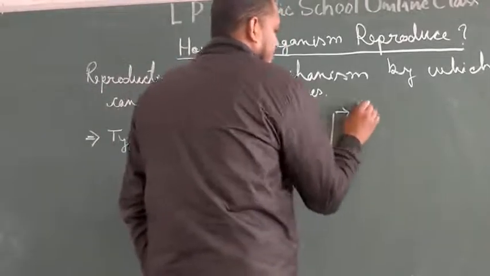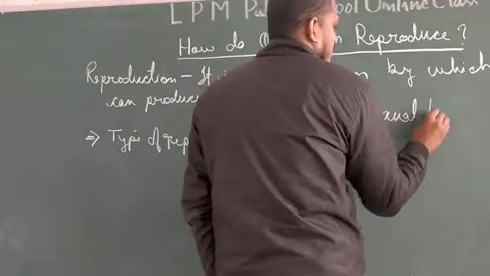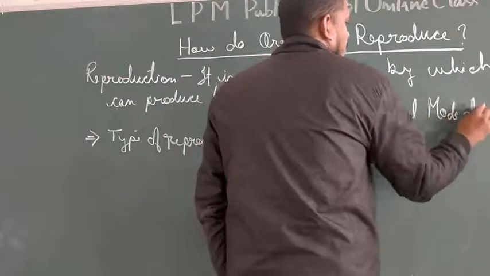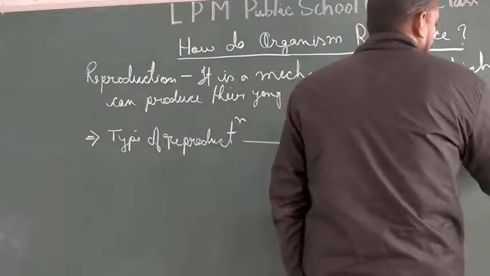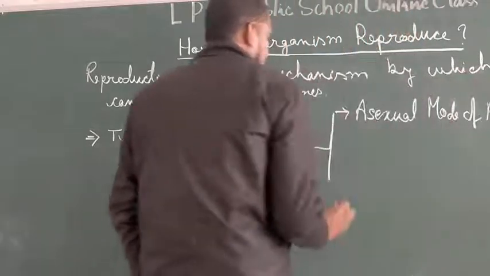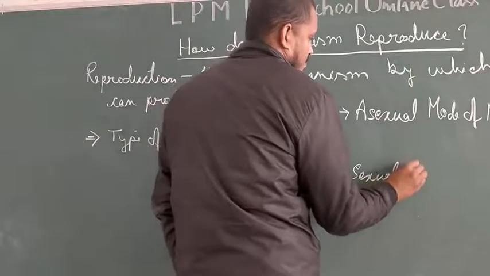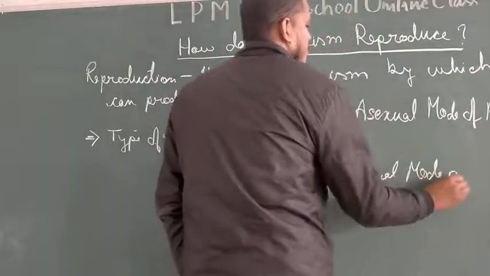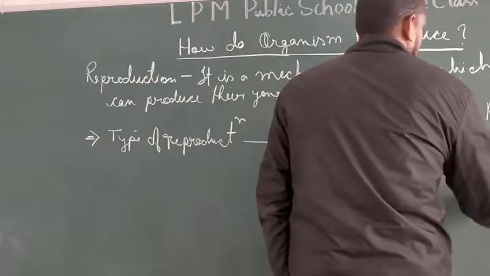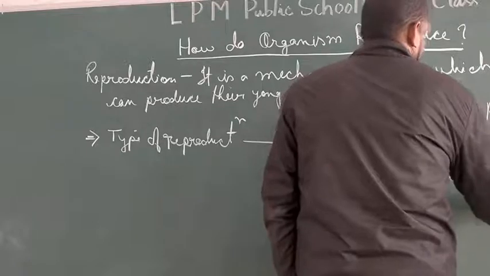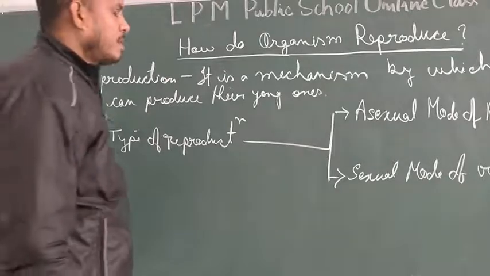One is the asexual mode of reproduction, and another one is the sexual mode of reproduction. So, what are the types of reproduction? Asexual mode of reproduction and sexual mode of reproduction.